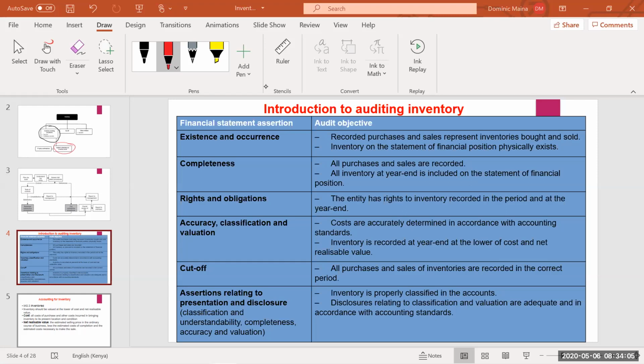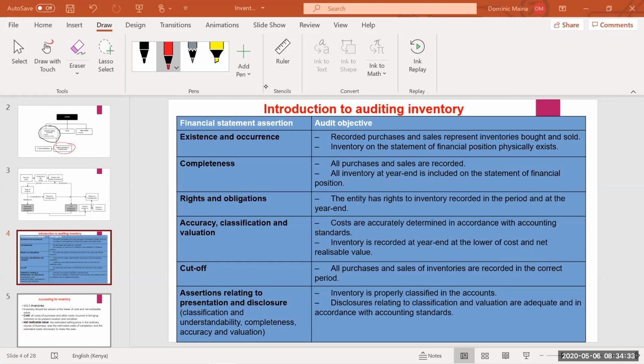It also includes inventory that was destroyed along the way, and that needs to be recorded. So all the movements, be it purchases, sales, inventory that was wrongly recorded, inventory that has expired or become obsolete, all these need to be properly recorded in the company records.